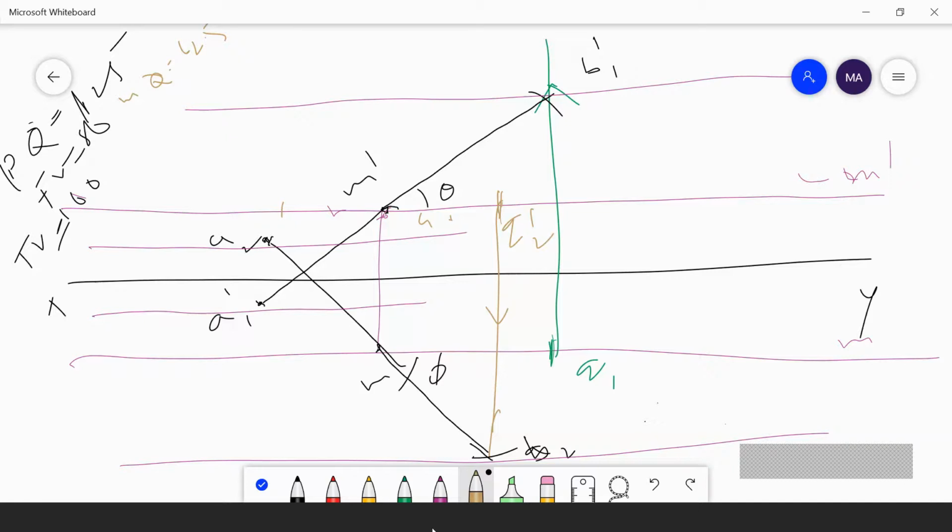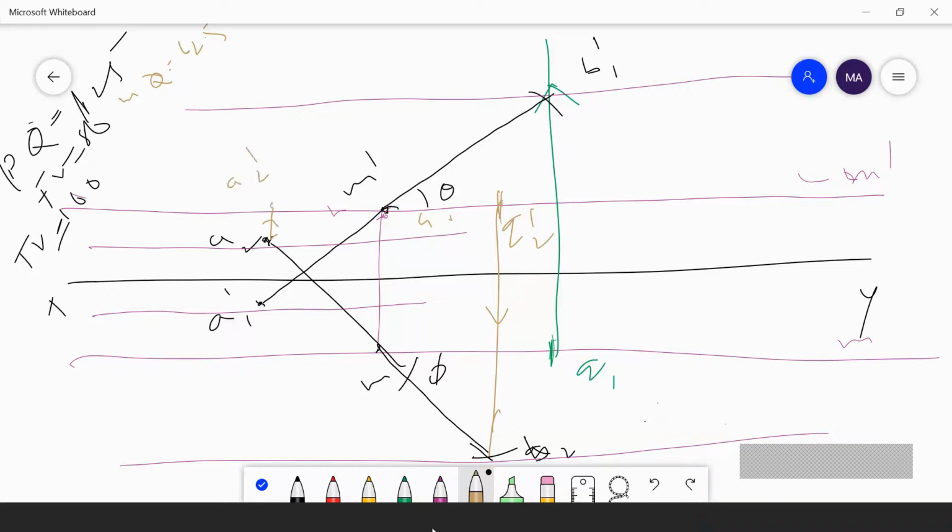What is this point? I will project this one upward. Here I will get the point. I will project this A2 upward. Here I will get point A2 dash.